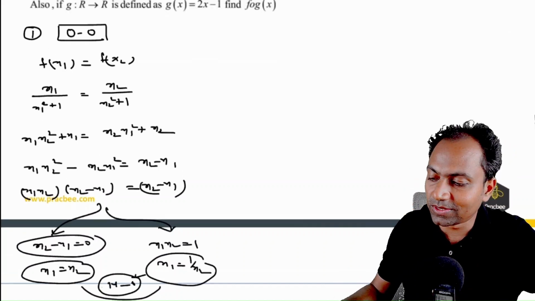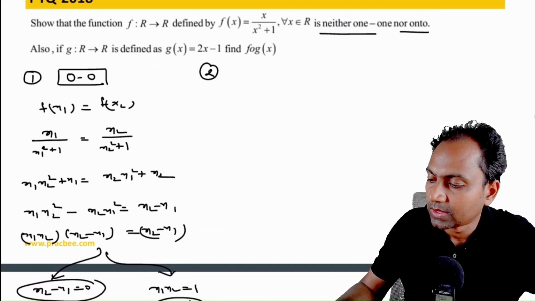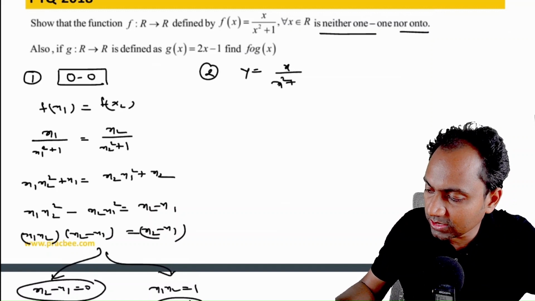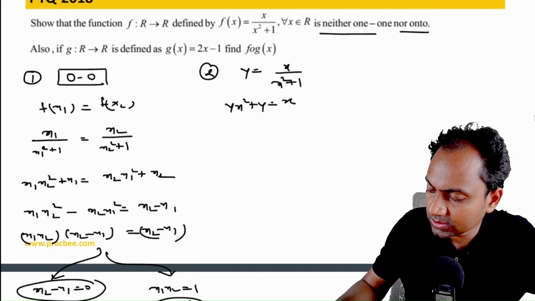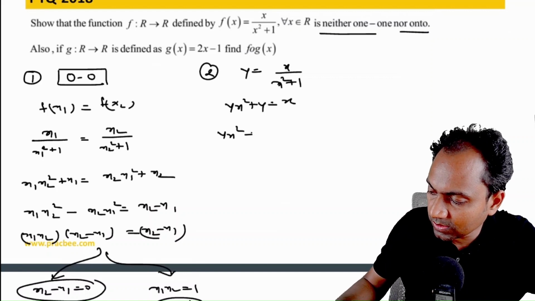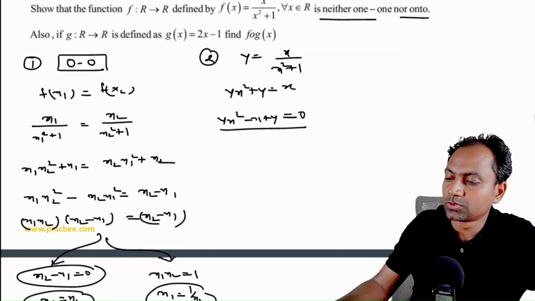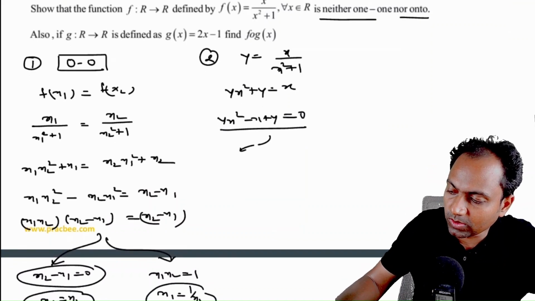If I move forward, in the second part, what we need to do is find the range. And in order to find the range, we'll again use the same technique. So I will write y x square plus y is equal to x. And y x square minus x plus y is equal to 0. Now see, there are two scenarios. The first scenario talks about if this is a quadratic.